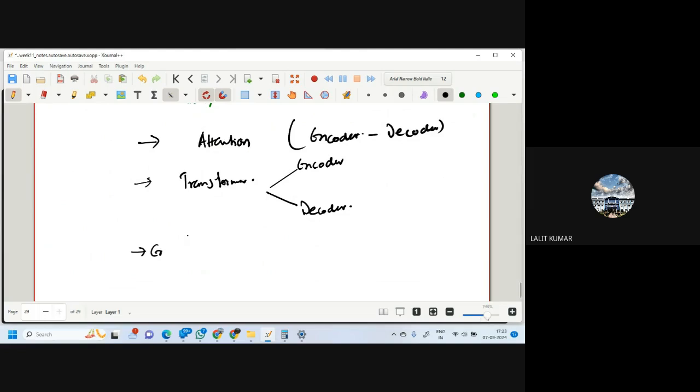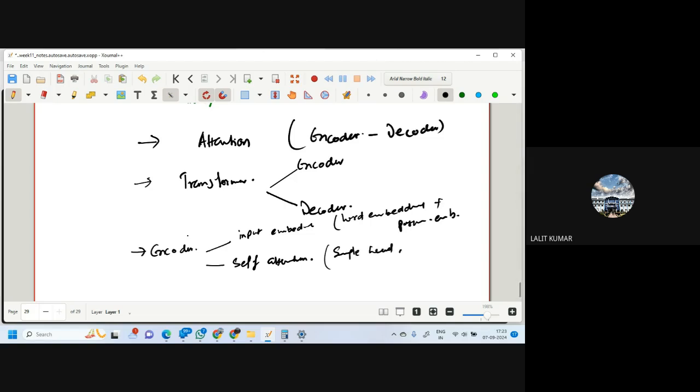In the encoder, the difference between the simple encoder-decoder and the transformer encoder is the input embeddings, which are word embedding plus positional embedding. Then we do self attention. It can be single head, two head, or generally 8 head.